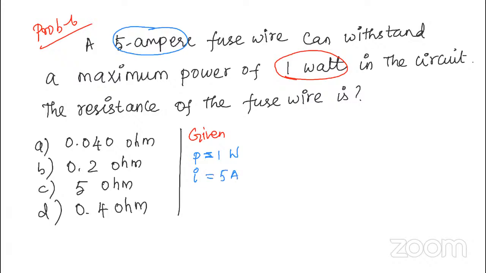So let us now substitute in the formula. What is the formula? P is equal to I square into R. The value of P is 1, and I square is 25, so 25 into R. Then R value should be 1 by 25.